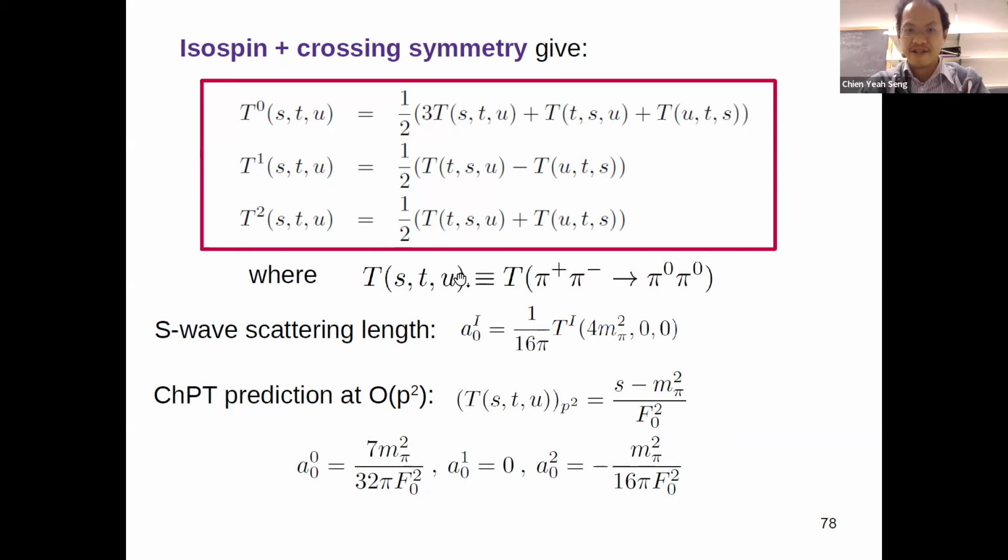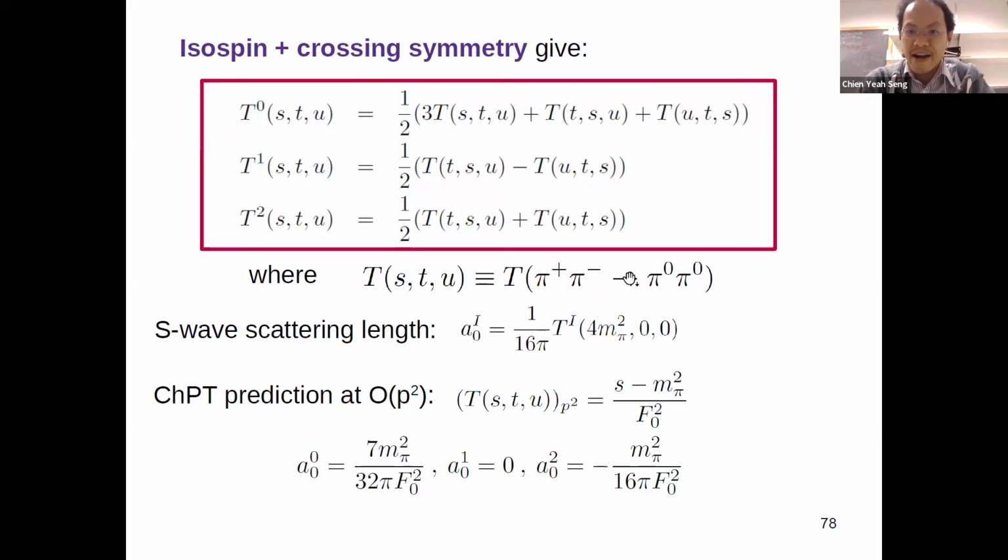This single amplitude is the pi plus pi minus goes to pi 0 pi 0 scattering. By exchanging s, t, u, and so on, all the isospin amplitudes of the pi scattering can be expressed as the single amplitude T with different arrangements of the Mandelstam variables.